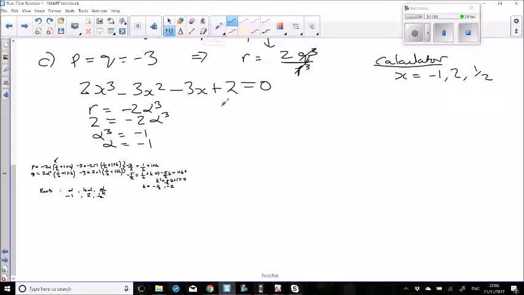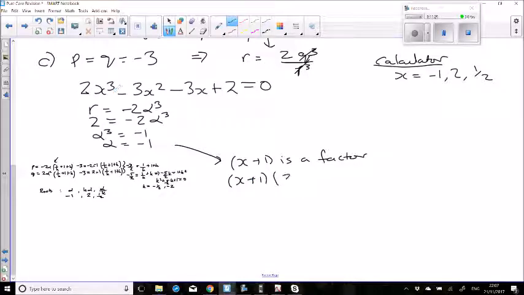Okay, as I said, that was one way. There is another way. We now know that one of the roots is -1. That means that x plus 1 is a factor of this. So we can now use division and factorize this. We know x plus 1 is a factor.